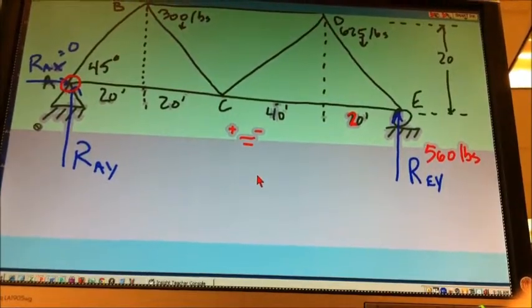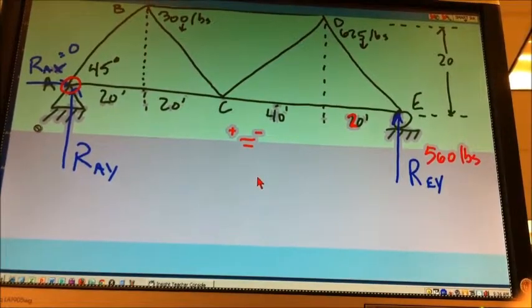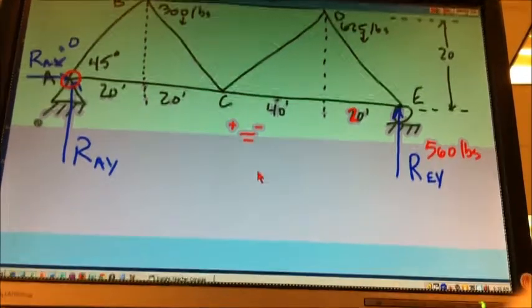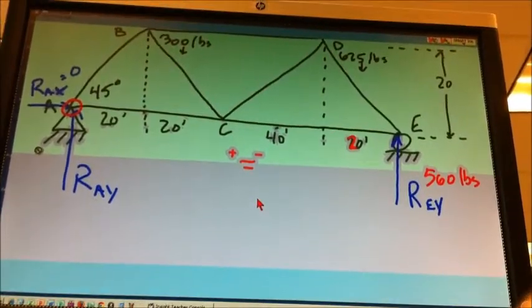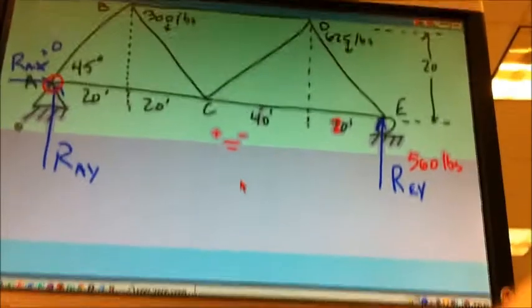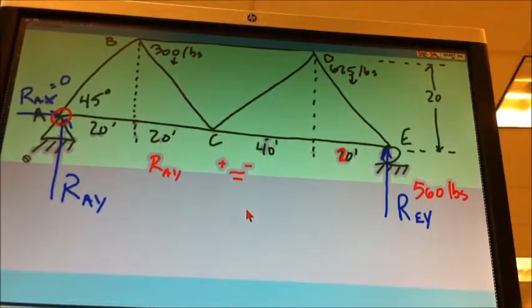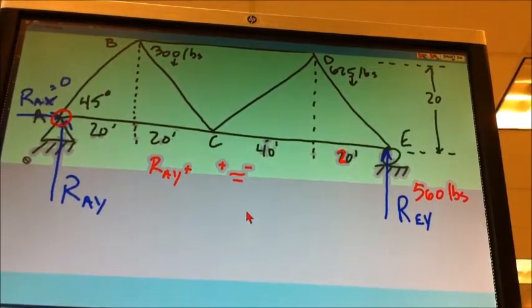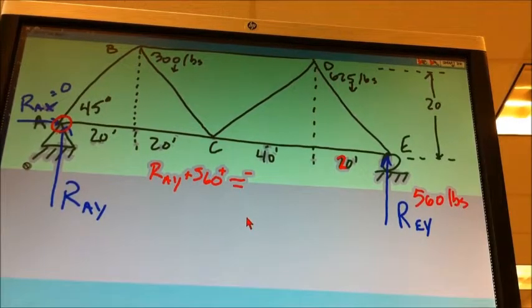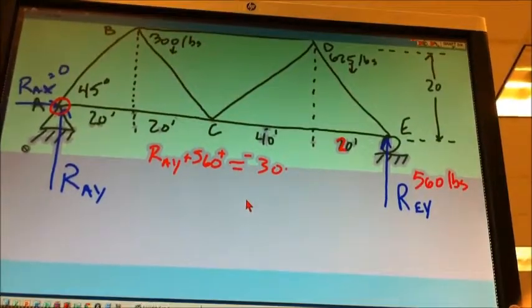Again, if the force is going up, is it positive or negative? If it's going down, it is negative. It's not the thumb rule. It's just up or down. It's the Cartesian coordinate system. Alright, so we've got RAY plus 560, 300, plus 625.